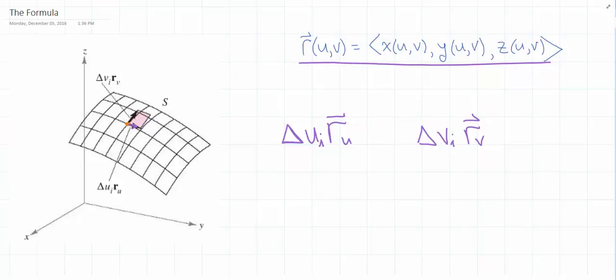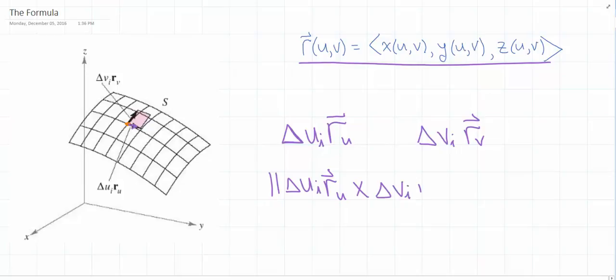But to get the area of that parallelogram, remember what we do is we take a cross product. So I'm going to take the cross product of these two vectors, and then I'm going to take the magnitude of that.